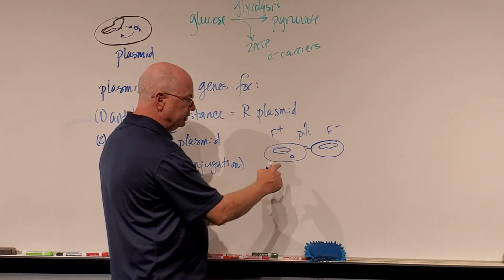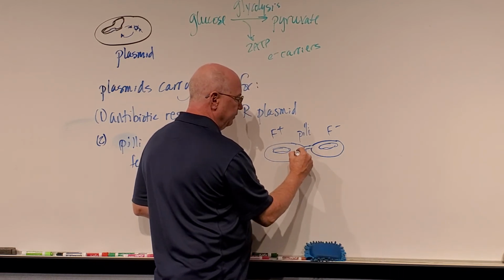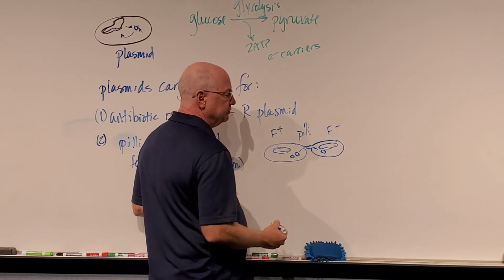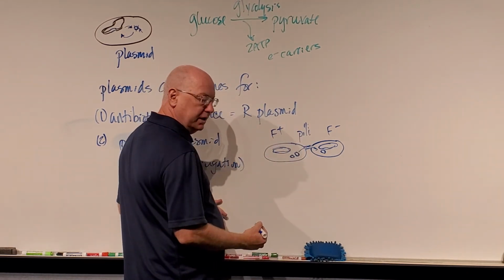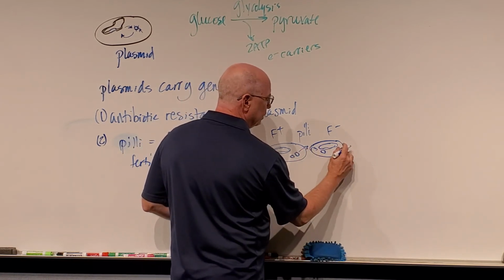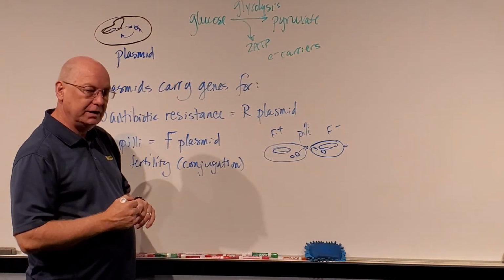And what that allows is the pili will attach one bacterium, the F positive, to the F negative, and then we can copy the plasmid and transmit that plasmid to the F negative and convert it to F positive. And then when these two separate out later, now this one has the ability to make the pili and can transfer the plasmid to the next one.